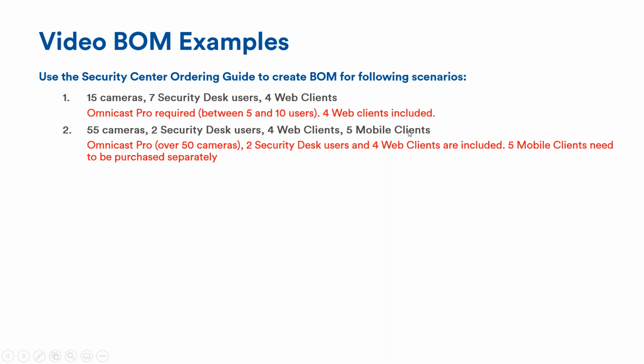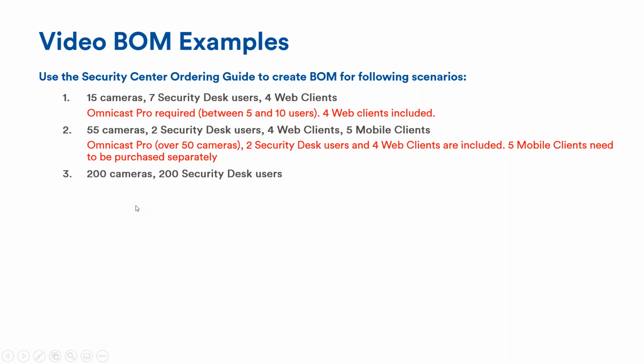And then the 5 mobile clients need to be purchased separately using the part number. So mobile clients can be licensed in standard, professional, enterprise, but you need the part number.